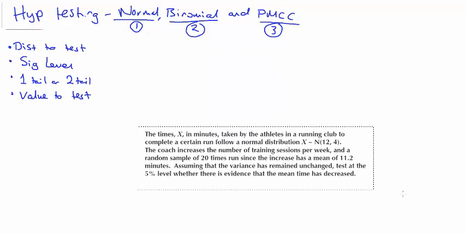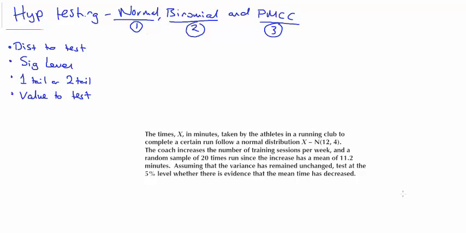So here's what it's saying. If we read this question, the time taken by athletes in a running club to complete a certain run follows a normal distribution, where the mean mu is 12 and the variance is 4.